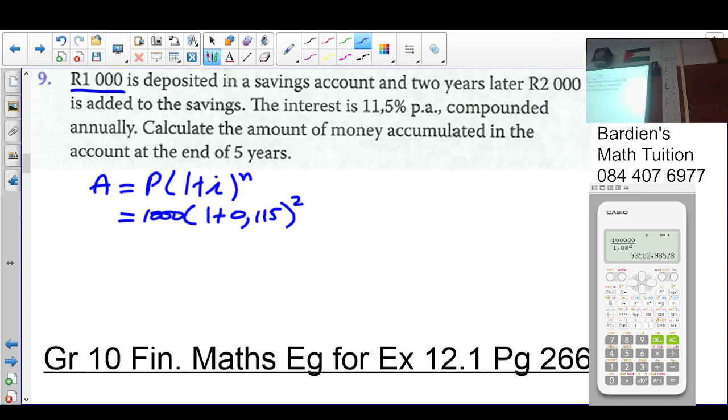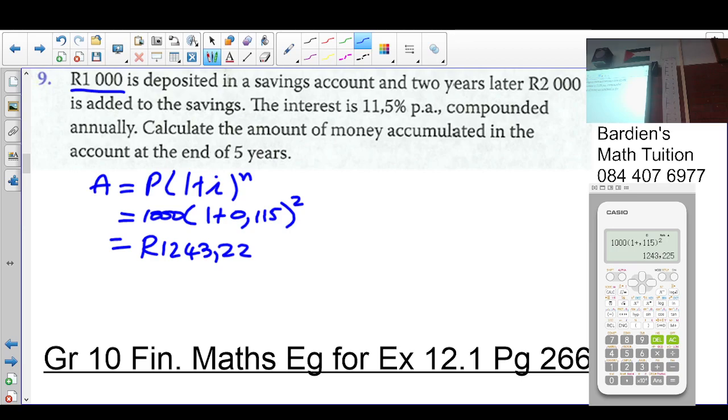That gives me an answer of 1,243 Rand and 22 cents. Okay, so that is the amount of money before the other 2,000 Rand is added to the savings account.